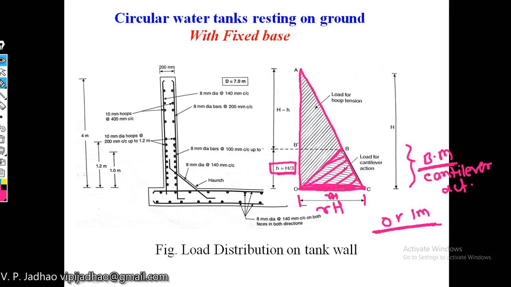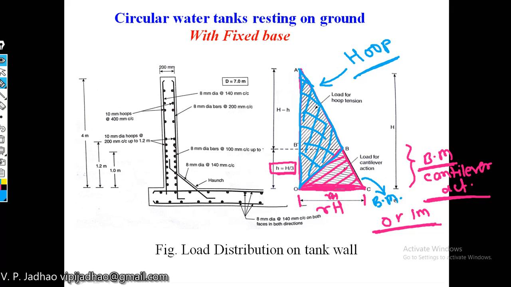Whereas this particular portion, triangle ABO, which is shown by crosses, or by this blue color, the water pressure due to this triangular portion will cause hoop tension in your wall, whereas this pink portion of your pressure diagram will cause the bending moment or cantilever action.